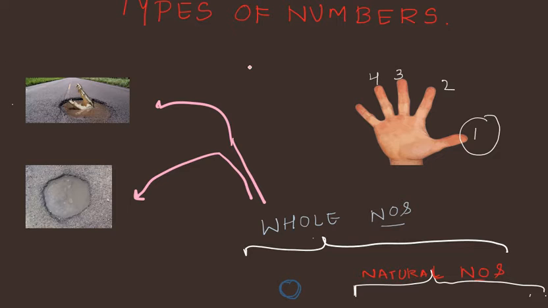Now, as an acronym to remember these numbers, let's use NWIR. N is natural number, W is whole number, I is integer, R is rational number. So it can be pronounced as newer, which makes it very simple for you to remember and retrieve the information.